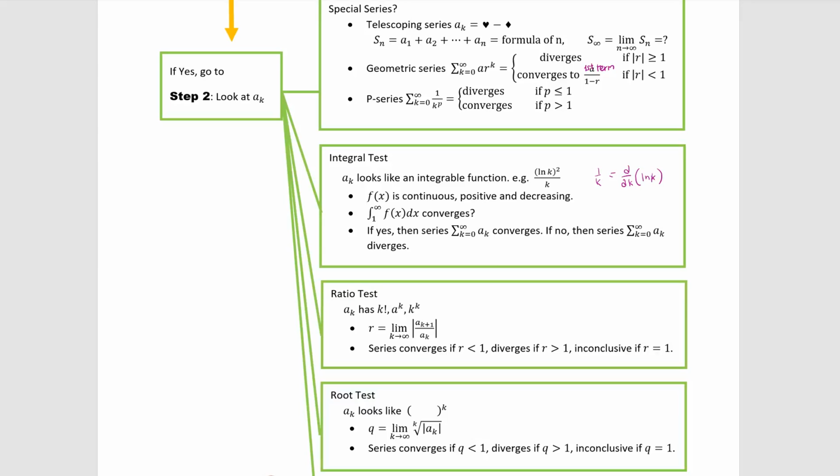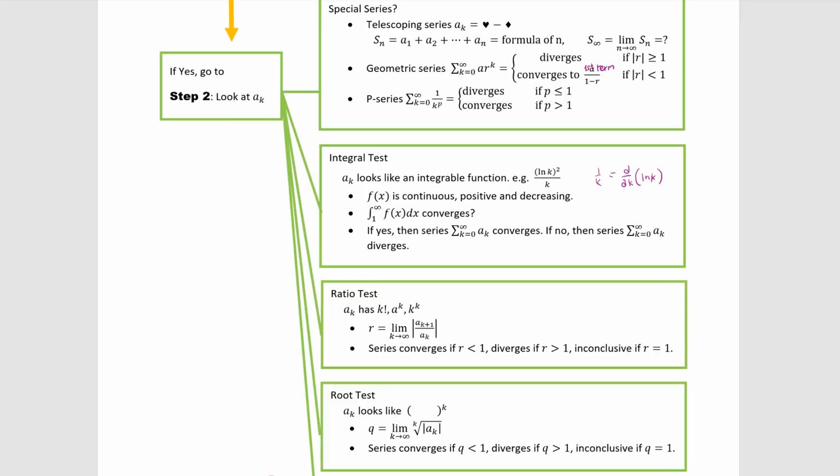Alright, so to use the integral test, we have to check the hypotheses are satisfied. That is, the function f, where we replace k by x, f of x is continuous, positive, and decreasing. If you check all those three conditions, then you can compute the integral from 1 to infinity. Does this integral converge? Is it finite?